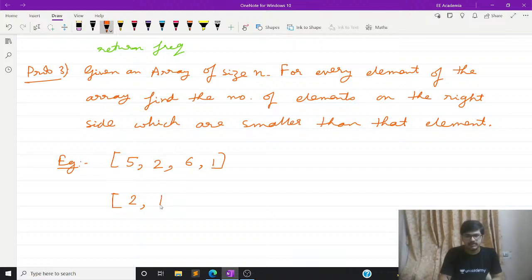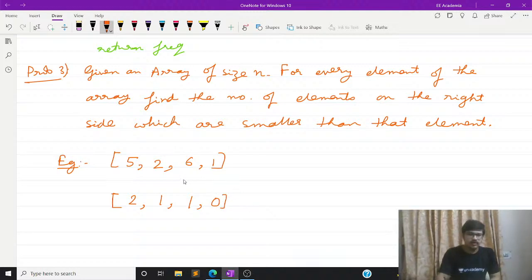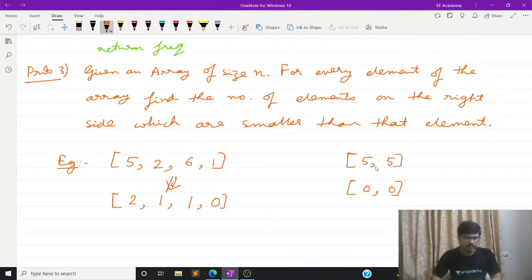For 6, only 1 element is smaller. For 1, there is no element smaller than 1 on the right side of 1. So this will be your result. If the array given was 5 and 5, your answer would have been 0 and 0, because no element is smaller on the right-hand side.